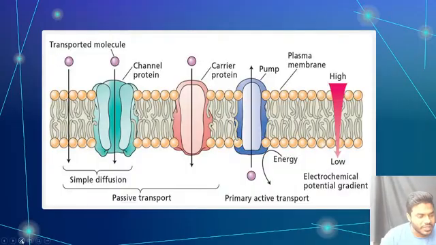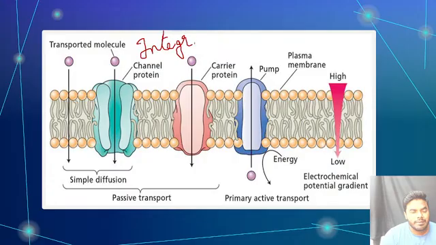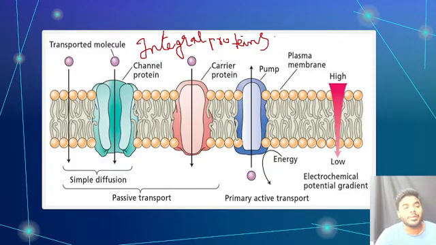So all the students, please kindly look into the diagram very carefully, friends. These are all membrane transporters. And I want you to remember one more important point, friends: all the membrane transporters are integral proteins. Why have I used the word integral protein?